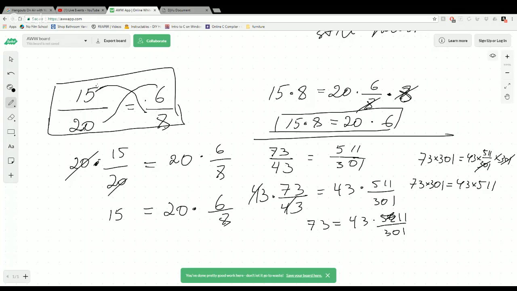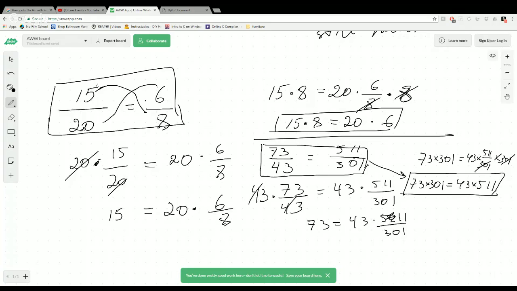Notice these are the same equations, the equation that I started with and the one that I ended up with. They've just been rewritten in a different form. We've gotten rid of the denominators, but the meaning of these equations is still the same. Why is it the same? Because we've been applying the same operations to both sides of the equation at each step. To both sides, we multiplied 43.